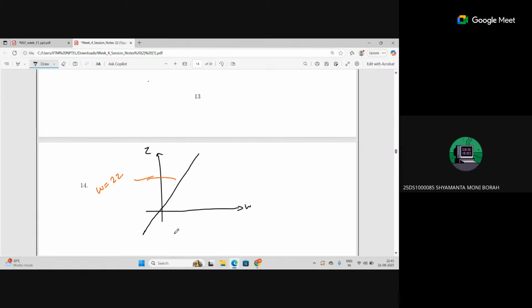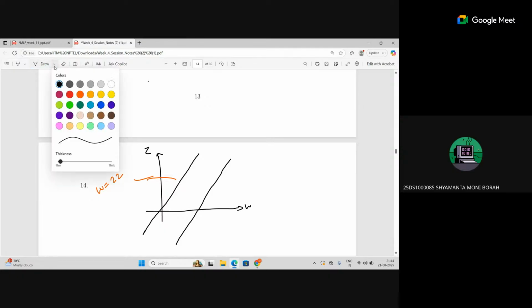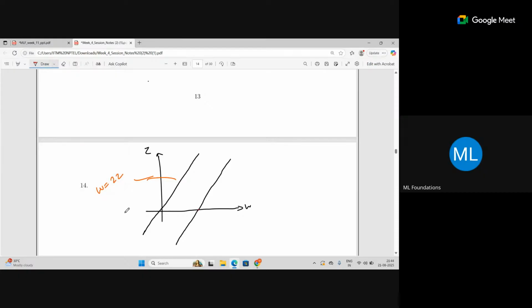So if it is this line, then it has to be like this, right? I hope this is fine. Because at z equal to 3, w will be 0, right? Basically at this point, this intercept, the equation of the line is w equal to 2z minus 6. So at this point w is equal to 0. At z equal to 3, w will be equal to 0.